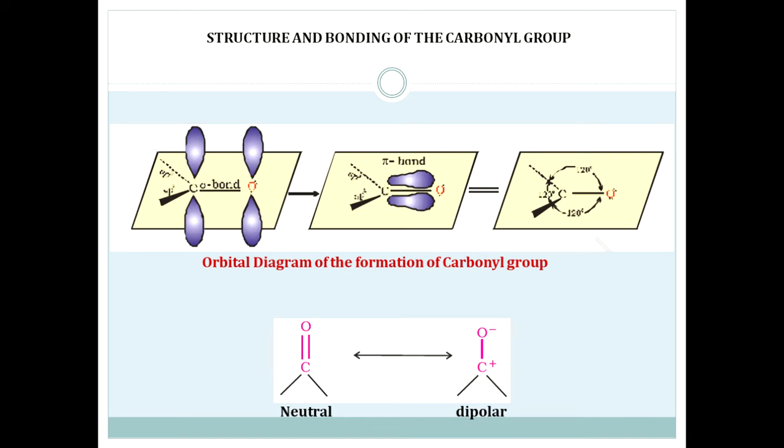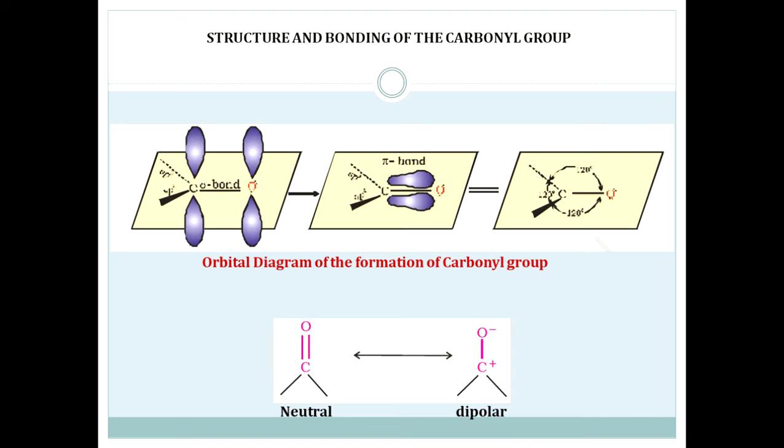All three sp2 orbitals of carbon form sigma bonds. On the other hand, only one sp2 orbital of oxygen forms a sigma bond, and the two unused p orbitals form pi bonds.